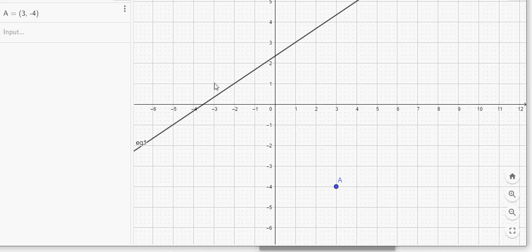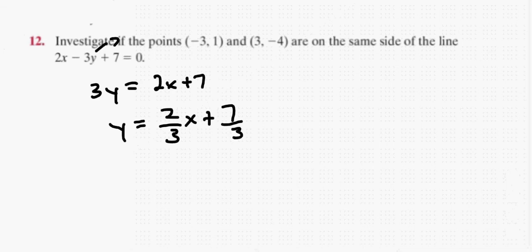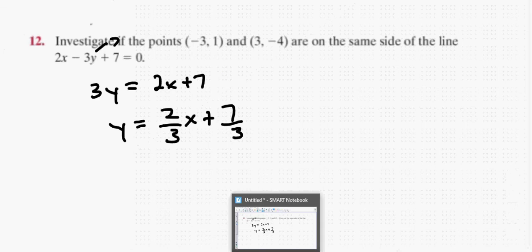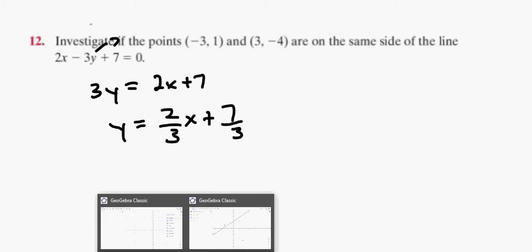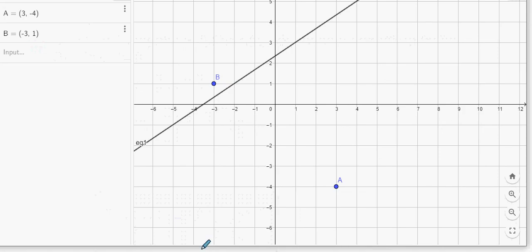So they're on opposite sides, are they? Alright. So the points I have drawn there are 3, minus 4 and minus 3, 1. Are they on the same side of the line? No, they're not. Now, how will the question show this is what we're looking at, okay?